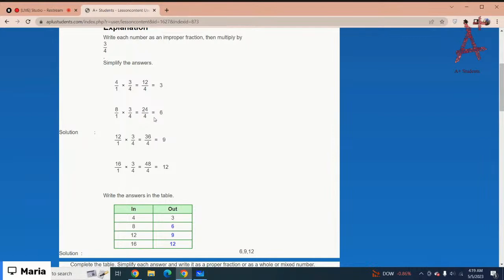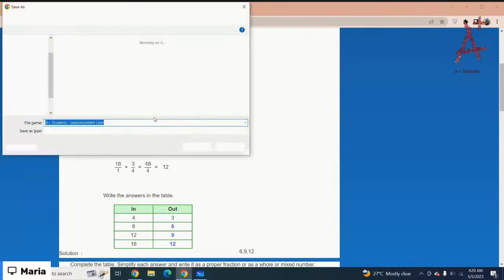The next input value is 12. So you need to do 12 times 3 over 4. Yes, it would be 9. 12 times 3 is 36 and 36 divided by 4 is 9.